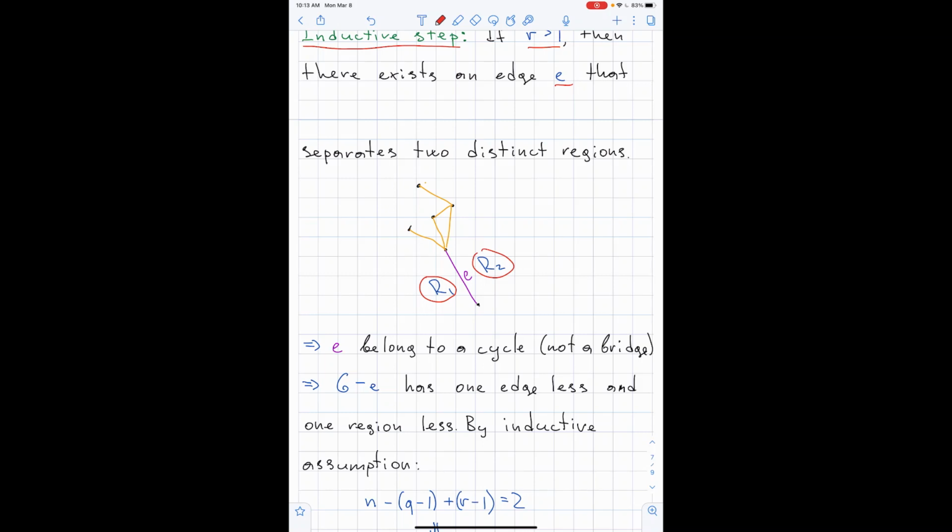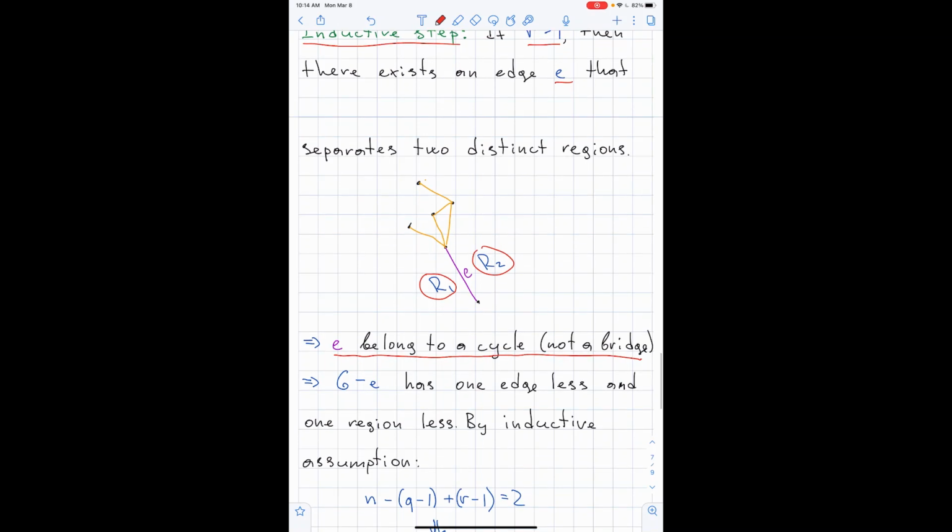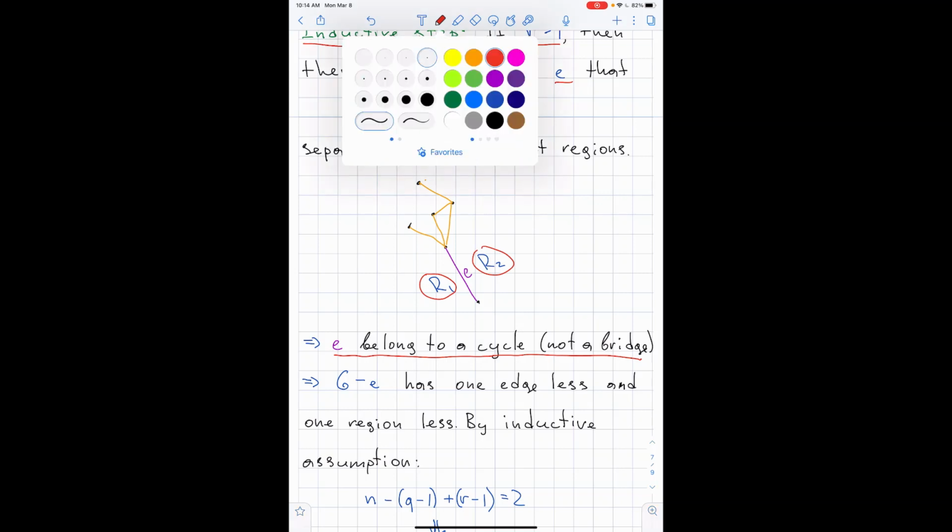Now, what that implies is that this edge E has to belong to a cycle. It cannot be a bridge. Indeed, if it is a bridge, then after erasing it, the graph becomes disconnected.